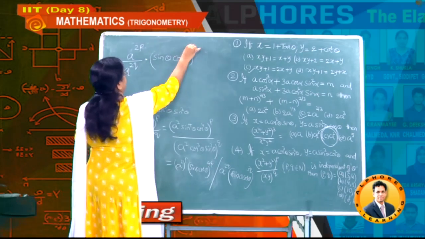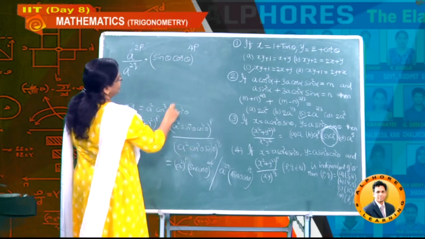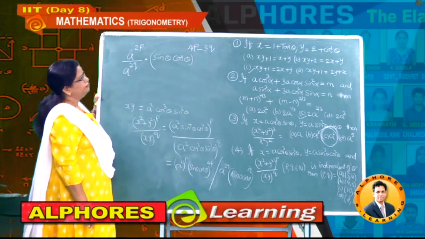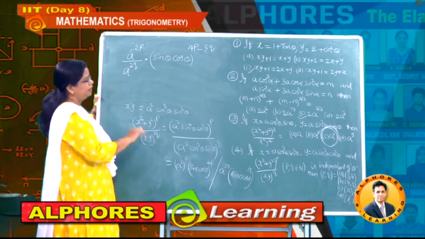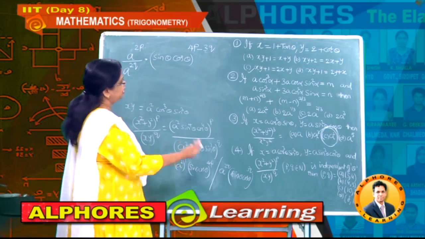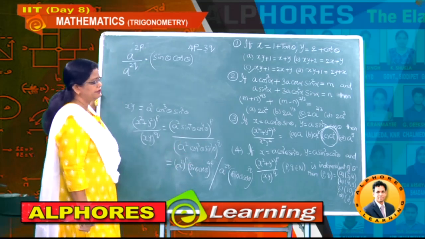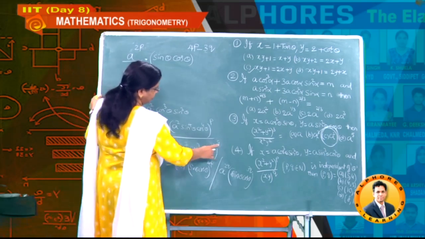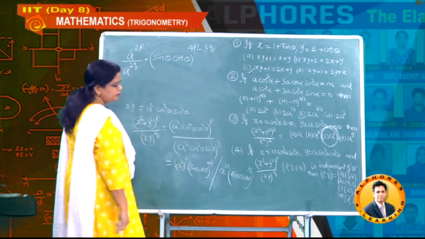Numerator 4p and in the denominator how much are you having? Minus 3q. Okay students, that implies what will happen here? 4p must be equal to 3q. In that way you just observe from the options which value can satisfy. So this value you got here is 3q and this one is 4p.